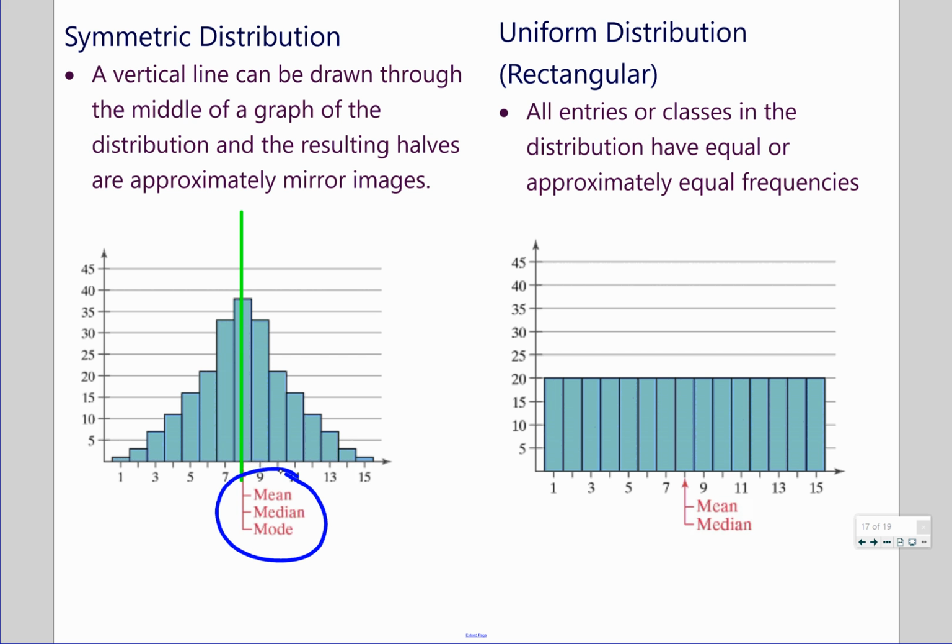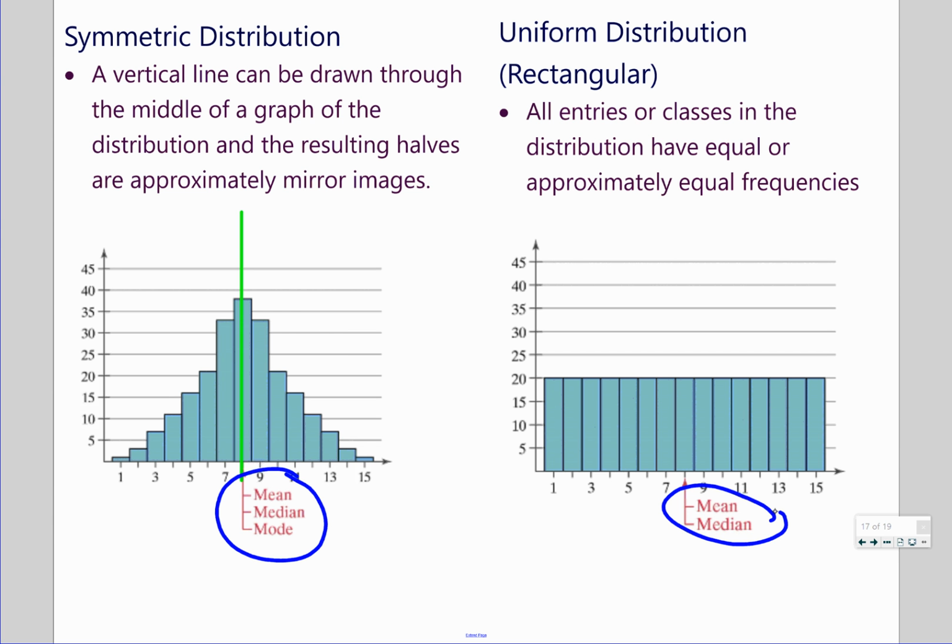Okay. Uniform distribution is sometimes called a rectangular distribution. You can see why it would be called a rectangular distribution. It looks like a big rectangle. Pretty much every class has the same frequency across the board. Okay. This one, again, the mean and median are in the middle, but in this case, we don't really have a mode.